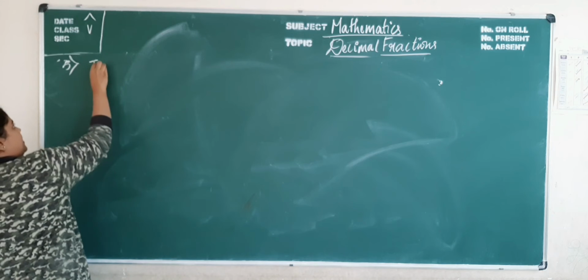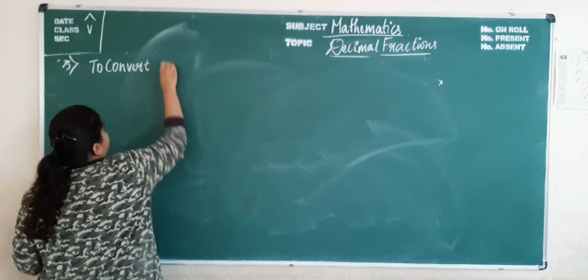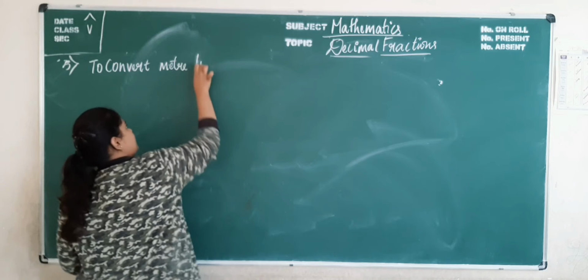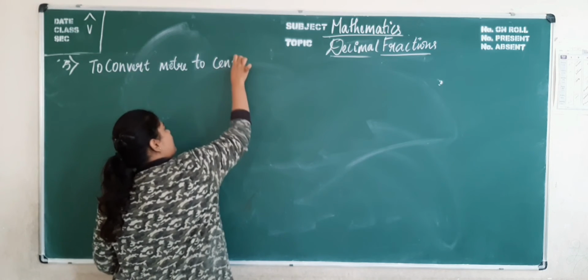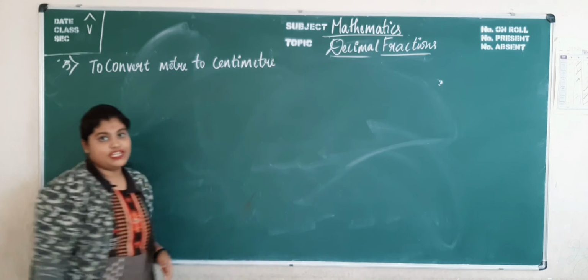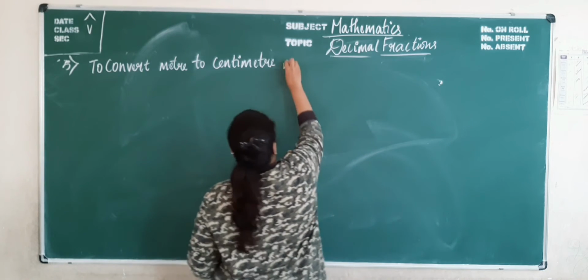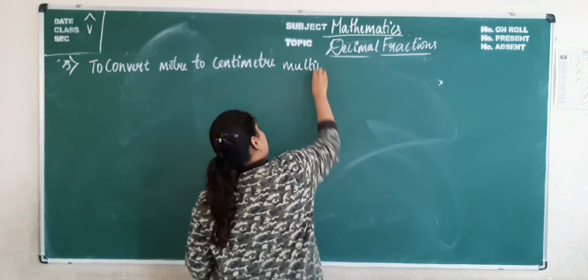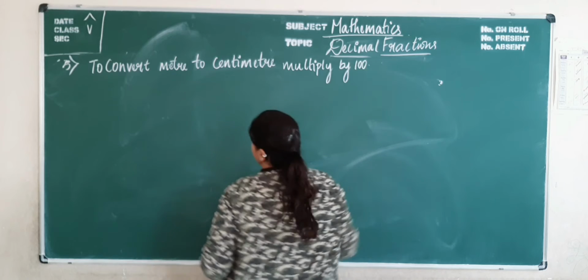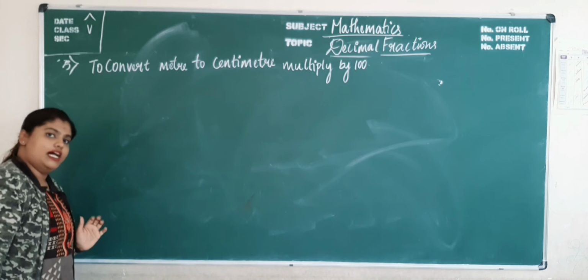To convert meter to centimeter, how will you convert? Yes, multiply by 100. To convert meter to centimeter, multiply by 100.